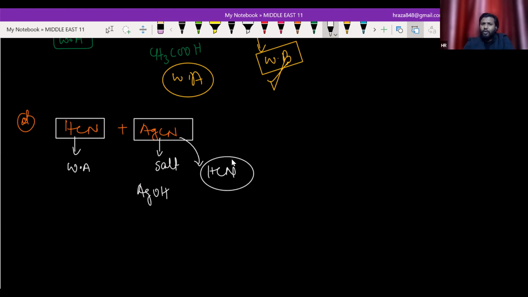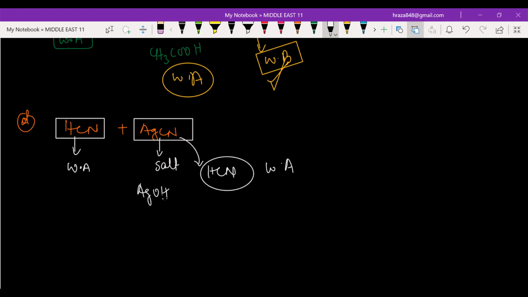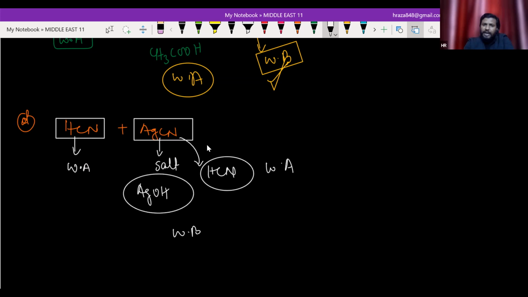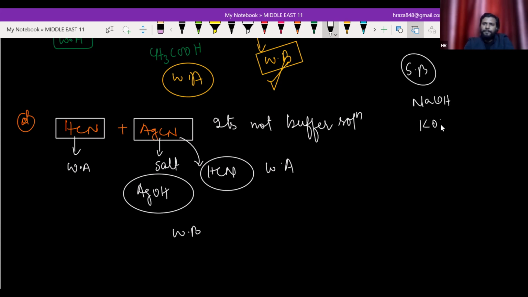This is the salt of weak acid with weak base. That's why it's also not a buffer solution. Remember, whenever it talks about a strong base, that will be NaOH, KOH, RbOH, CsOH. These are all strong bases.